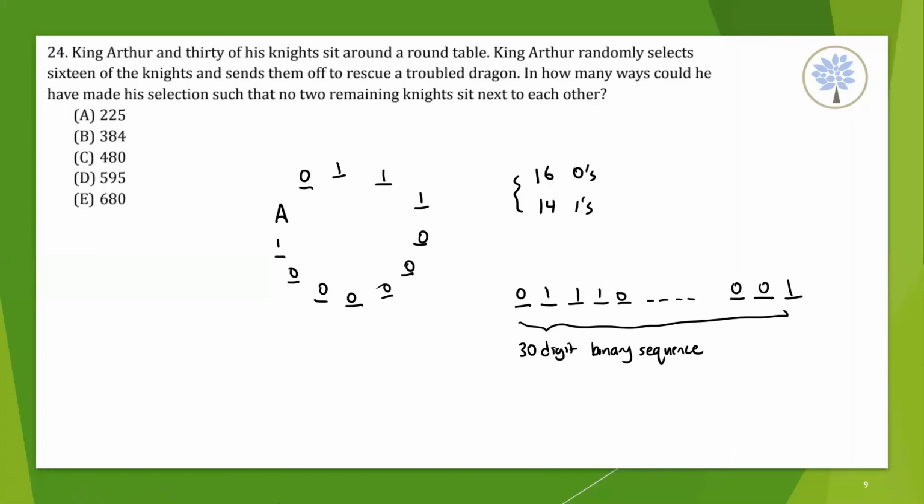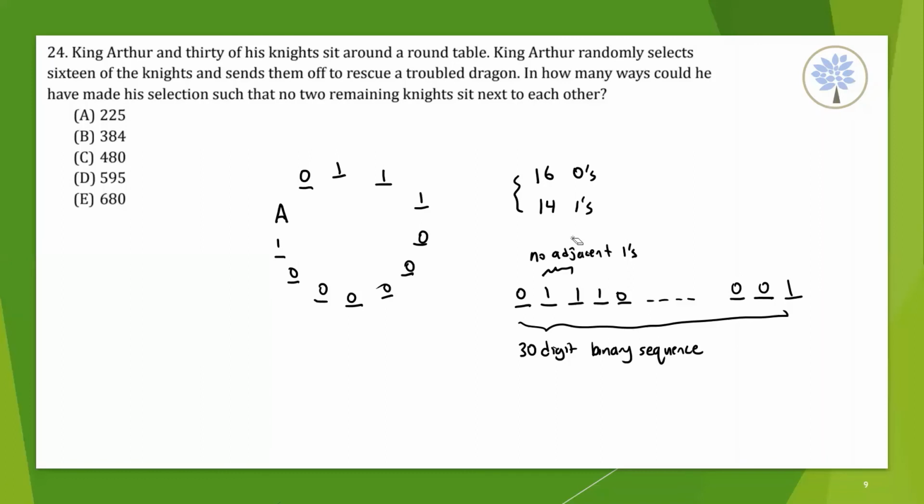What this means in this context is that there cannot be two ones that are right next to each other. So we cannot have adjacent ones. And we want to enumerate the number of possible selections such that 16 of them are zeros and 14 of them are ones, so that there are no two adjacent ones in this sequence.